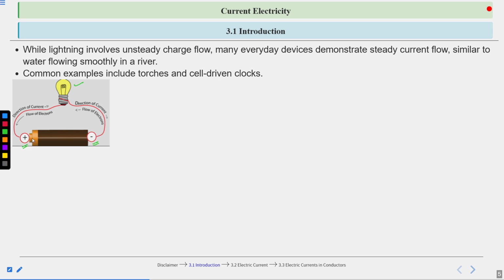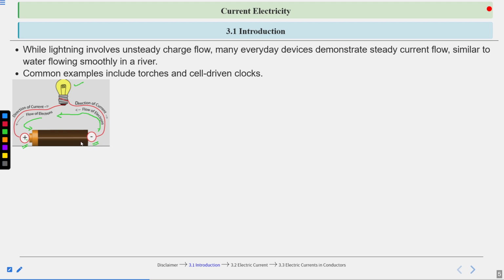This is the positive terminal, so electrons will be attracted towards the positive terminal and repelled by the negative terminal. So the flow of electrons will be from negative terminal to positive terminal, like this. But the direction of current is from positive terminal to negative terminal.